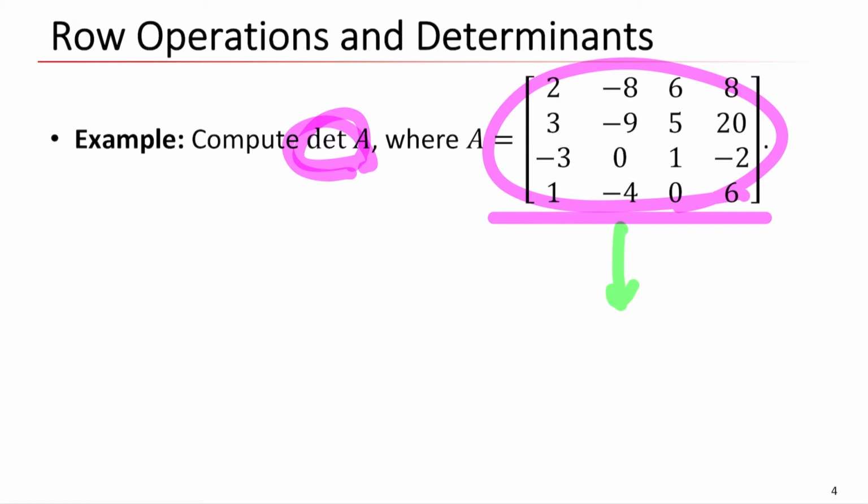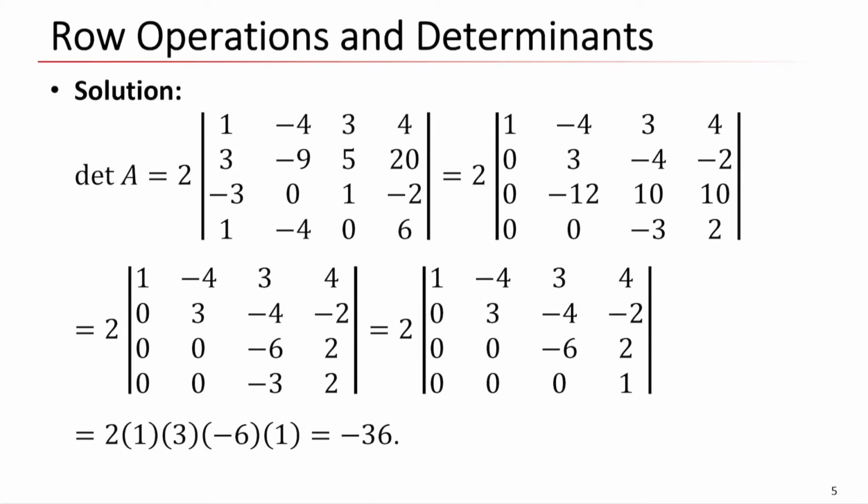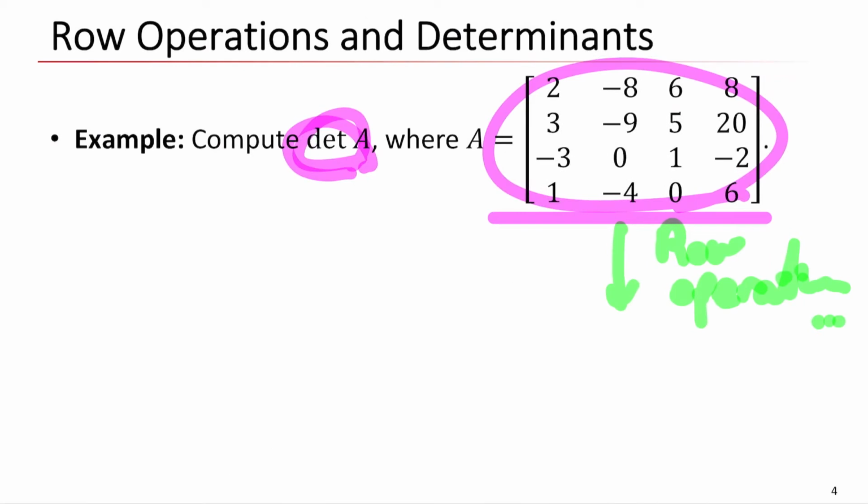So we have to find the echelon form of this original matrix A using the row operations, right? Okay, let's do that. First of all, because there is the 2 and 3 and -3, if we have a 1 here, then the computation would be much easier than using this value 2, right?